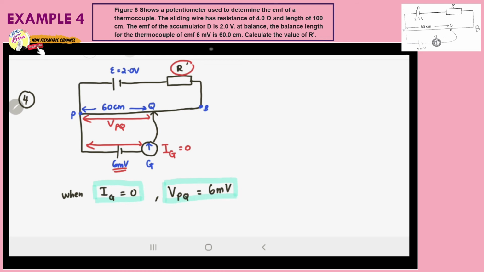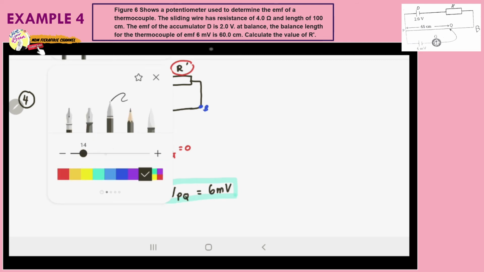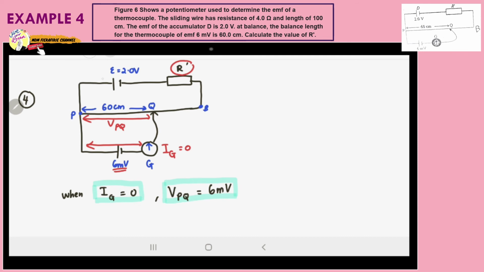Since VPQ is equal to 6 millivolt, as we know, when the current flows from the positive terminal of the EMF in the upper circuit here, the current cannot flow through the galvanometer.